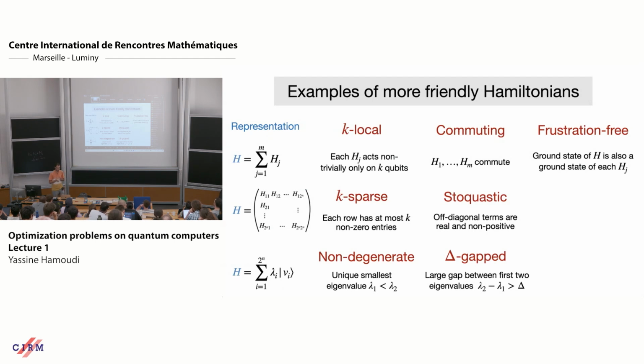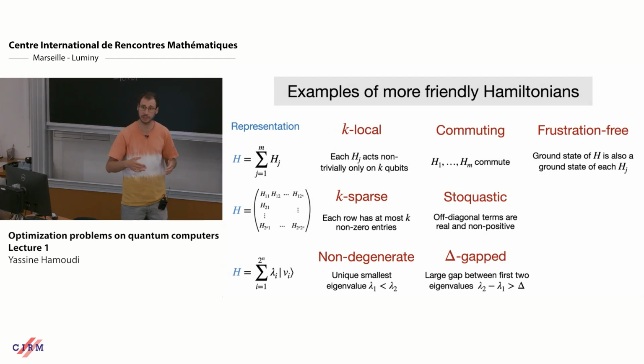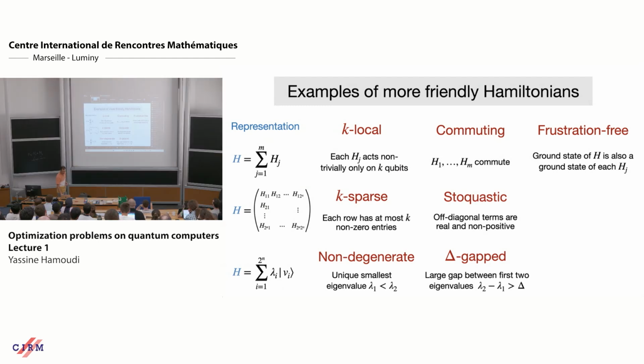Okay, so the point I want to make by describing all those kind of assumptions is that optimization is often about making the right set of assumptions in order to give some non-trivial quantum algorithm. But on the other hand, if you make too many assumptions, then the problem could become classically easy as well. Okay, so this is an example.